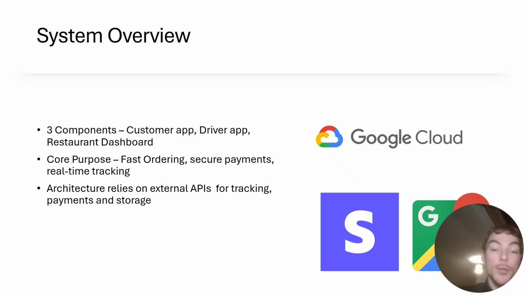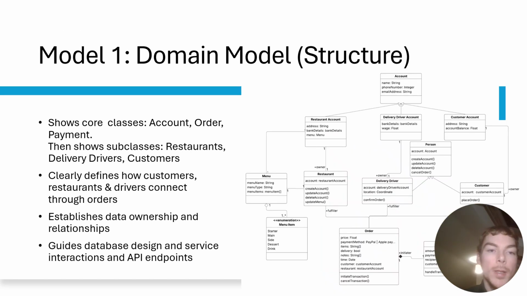As a result, the system depends heavily on external APIs, which allow our program to connect to other computer programs, such as Google Maps, payment gateways such as Stripe, that's a common one, and the Google Cloud, so we can store data. These dependencies shape much of the architectural design and introduce constraints that the architect must consider.